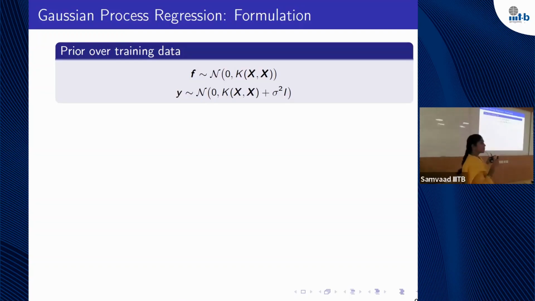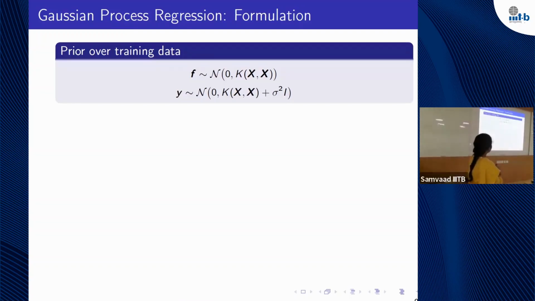That covariance matrix's entries are the evaluations of the kernel function. And where will you evaluate it? You take pairwise samples of your training data set and fill up the matrix of size n cross n. So that is this covariance matrix.